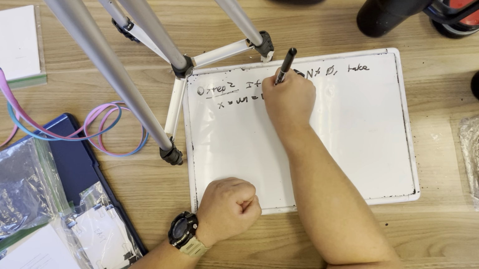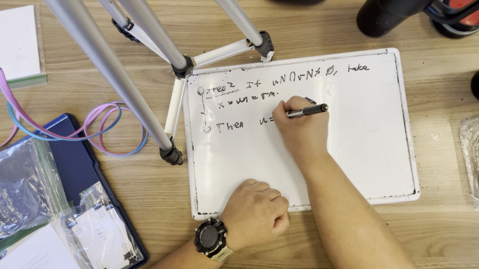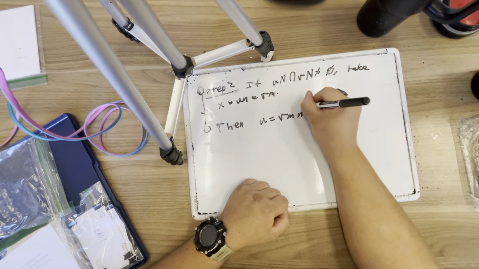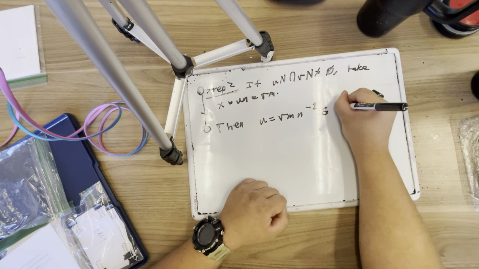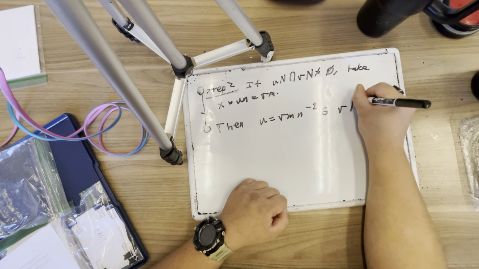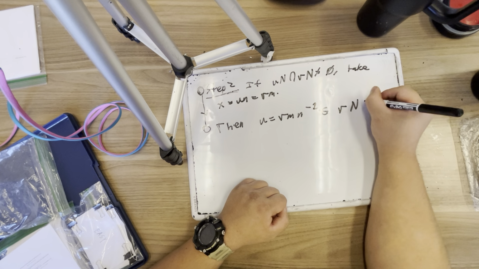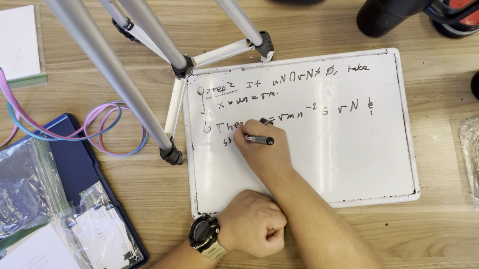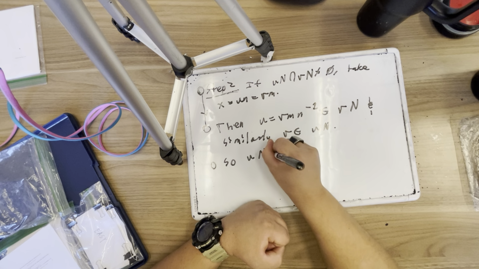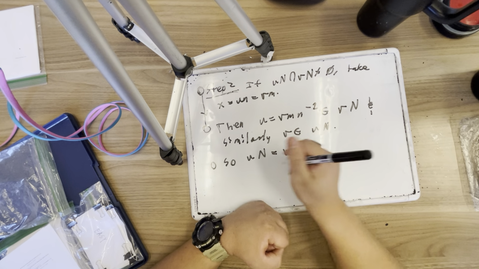Then u is equal to vmn^-1, which is contained in vN. And similarly, v is contained within uN. So uN is equal to vN.